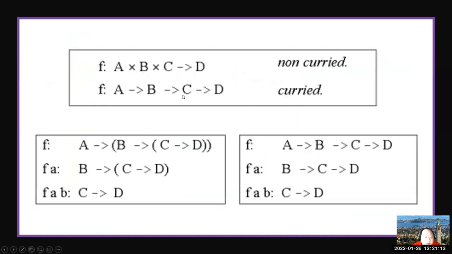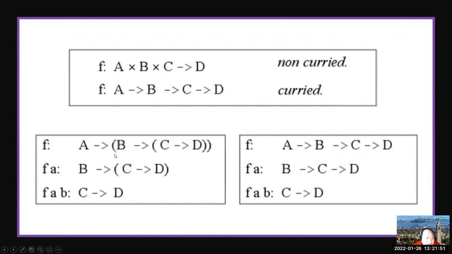With curry, you can have A times B times C, you get D. If it's curried, the result of A processing B, you get the result and then pass that result to another function. You can keep doing that. That's curry.